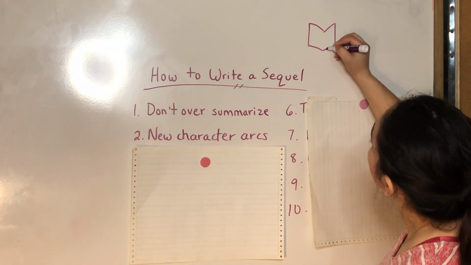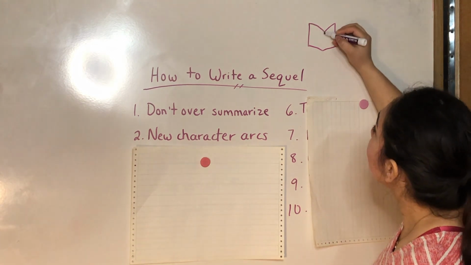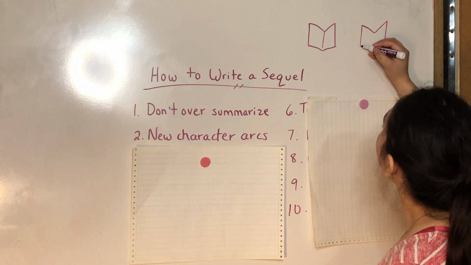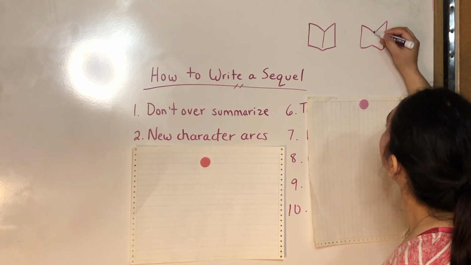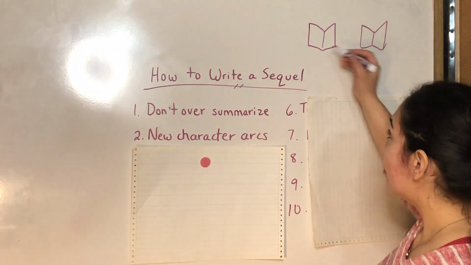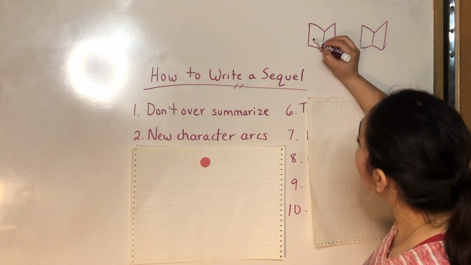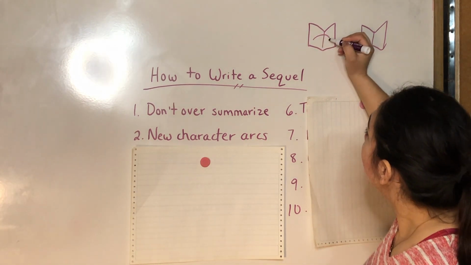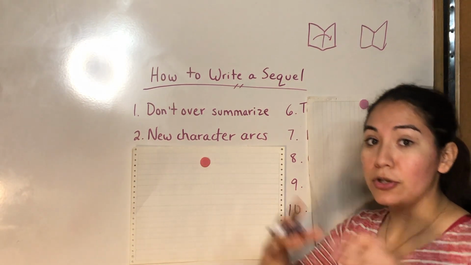Don't make fun of me. I am not a great illustrator. Here's book 2, right? This is what we're talking about here. Okay. So you want your characters in book 1 to start here, and over the course of book 1, they're going to grow into their new character.